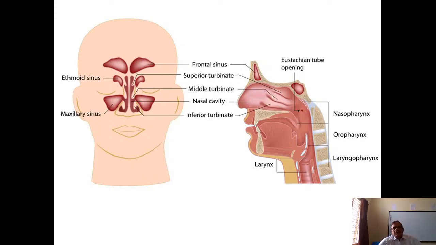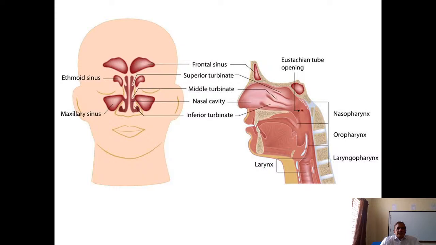There is no filtration, no humidifying by the mucus, and the temperature is also not regulated, so unfiltered air goes into the lungs and produces repeated respiratory tract infections. So the main function of the nasal cavity is to protect the lower respiratory tract.